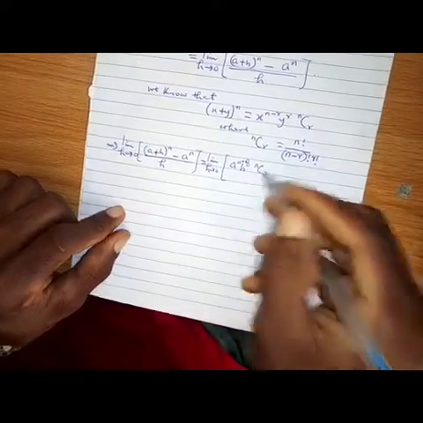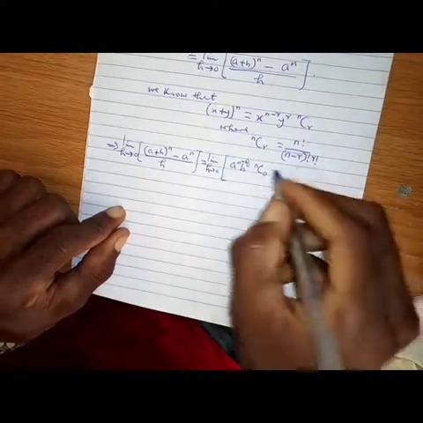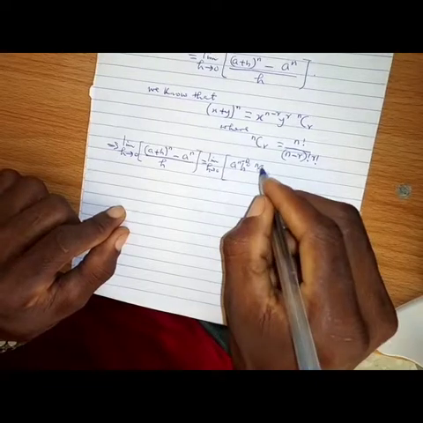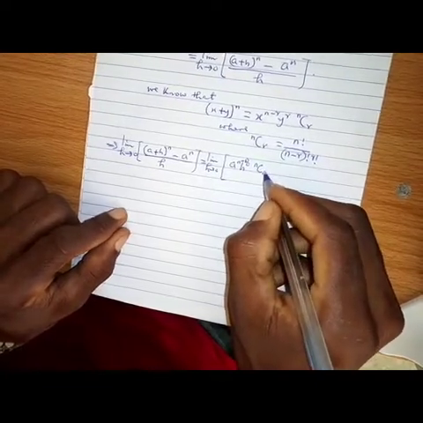We start counting from 0, 1, and so on. So start from 0: a to the power of n minus 0, h to the power of 0, n combination 0.